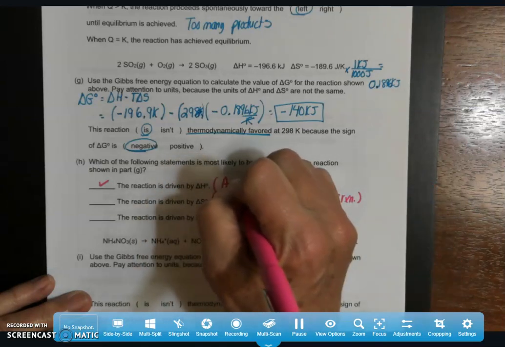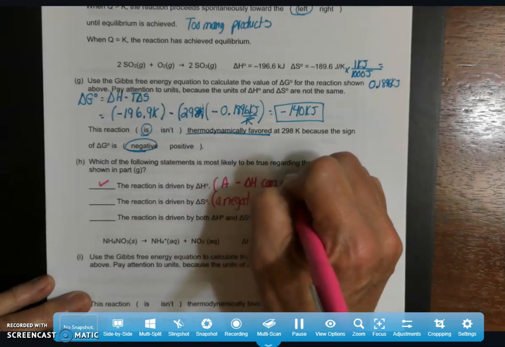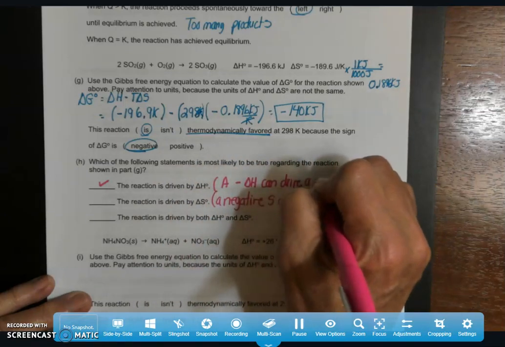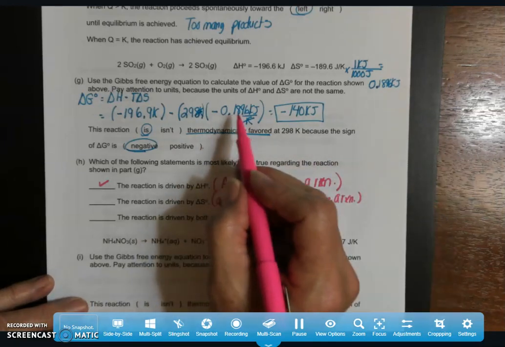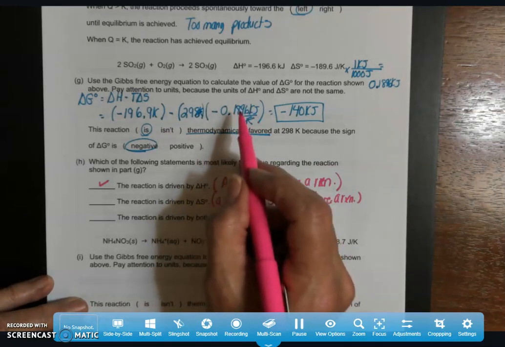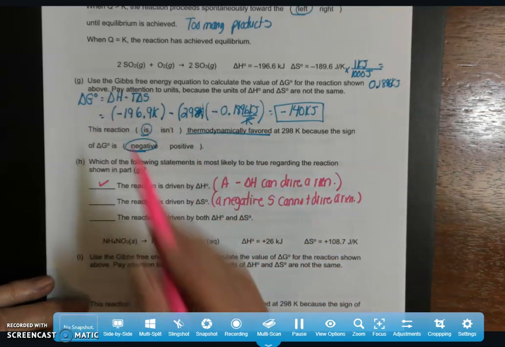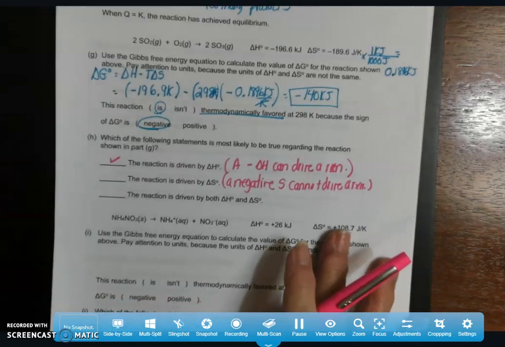However, a negative delta H can drive a reaction. That's because I'm actually going against nature, and that is becoming less random instead of more. So in this case, the reaction is driven by delta H. Now, let's look at this next one.